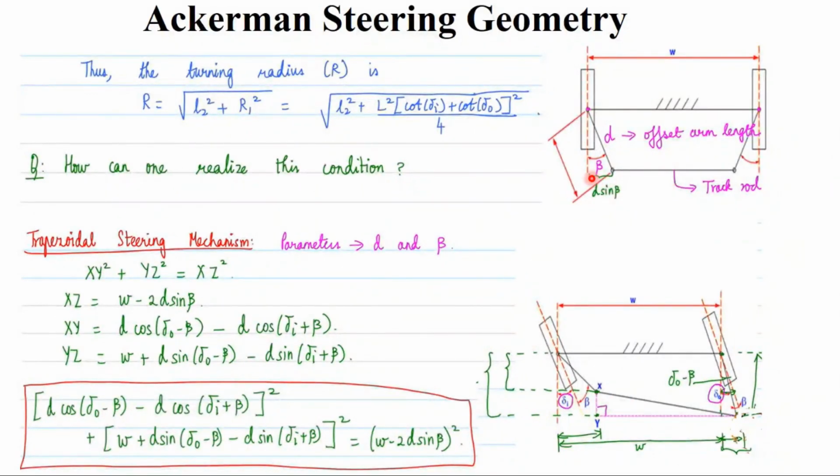This is one, d into sine beta. Okay, because when you apply the distance, this is combining the offset angle, offset arm length and the beta. So we can write it as d sine beta.